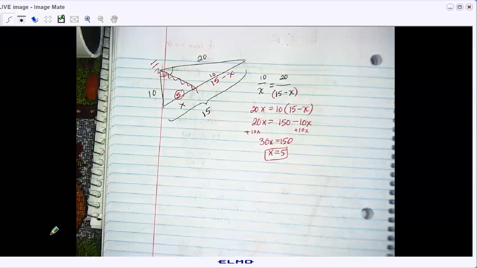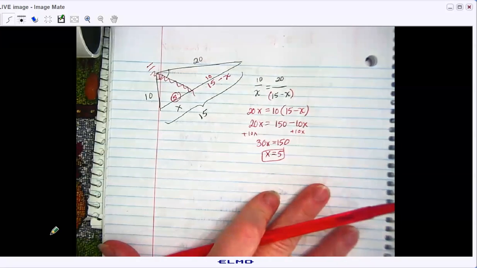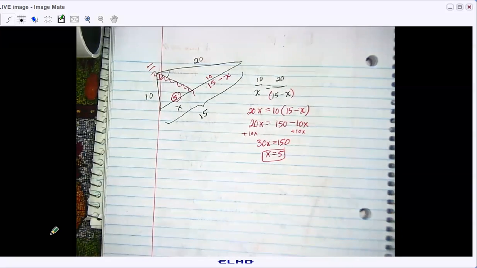This is more algebra based, and I don't have to get into all the technical geometry stuff, we can solve it without a lot of the vocabulary. So I'm really glad that some of you that have been struggling are understanding this. It makes me very happy.